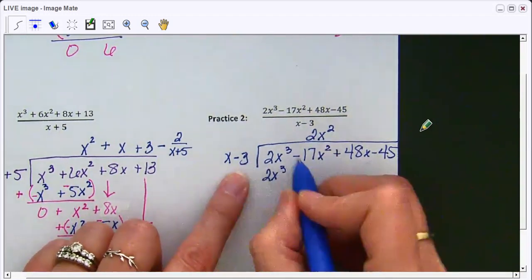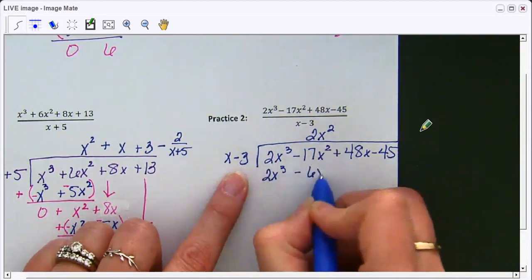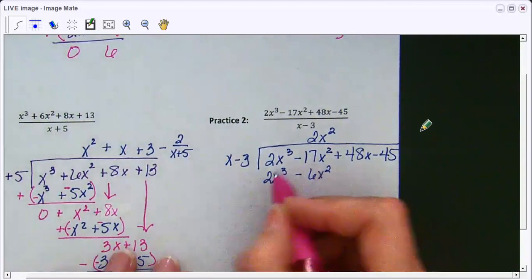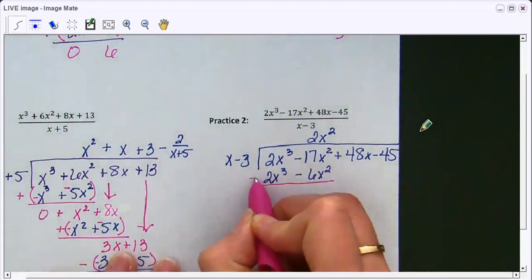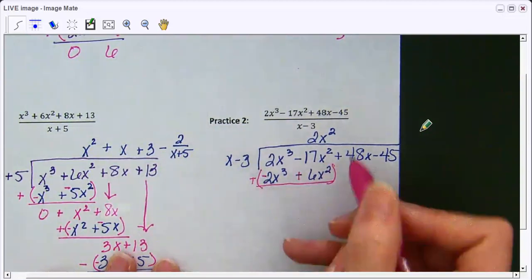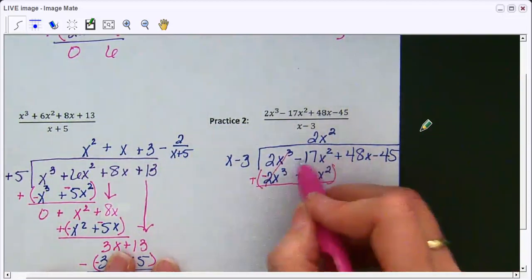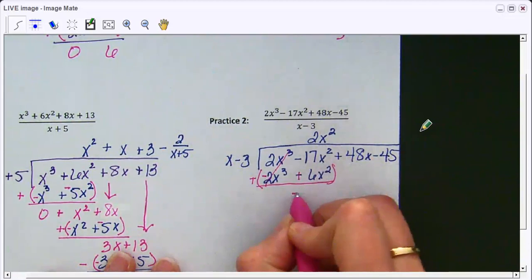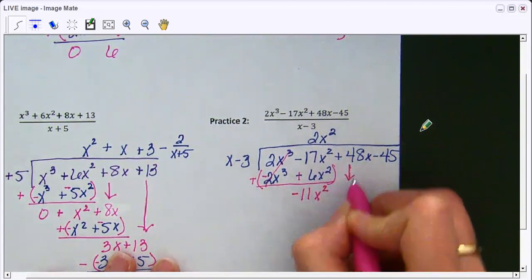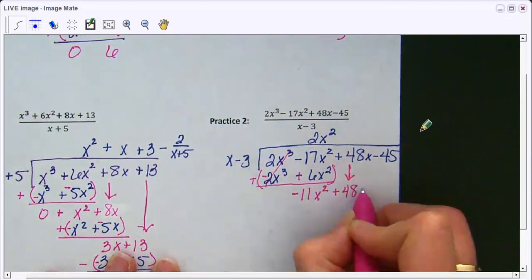And then 2x squared times a -3 is -6x squared. Okay. All right, these cancel out. -17 plus 6 is a -11x squared. And then we bring down our positive 48x.